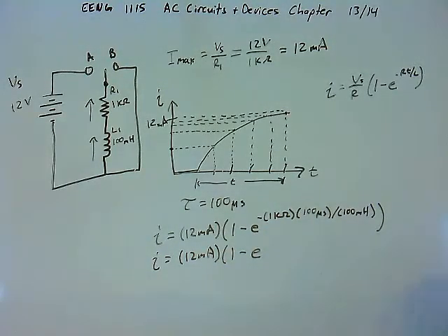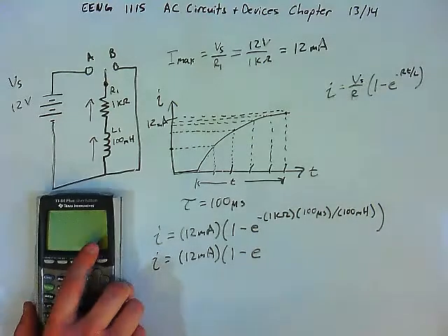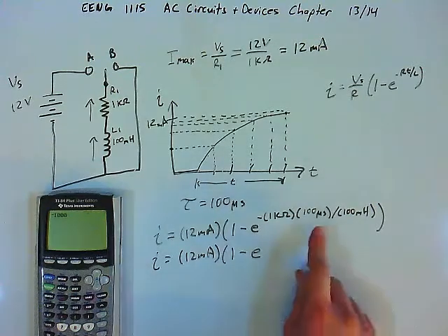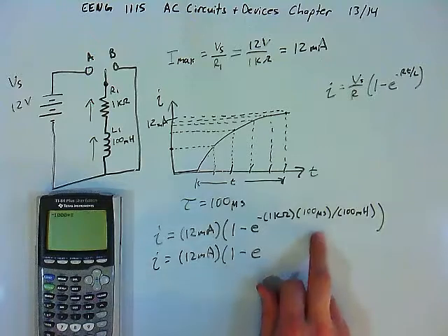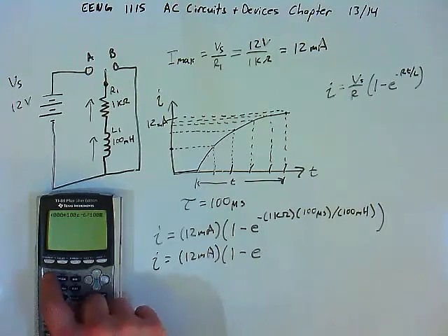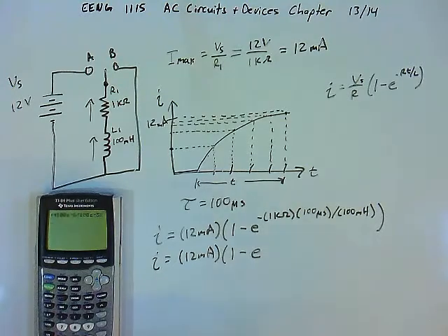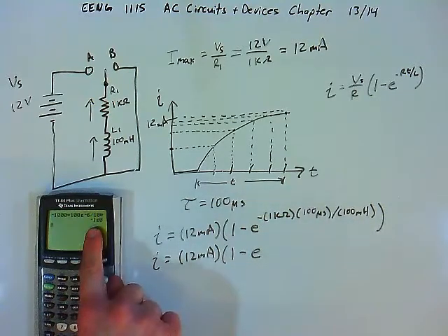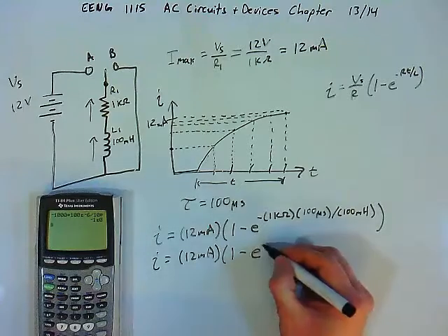And so if we look at a calculator, it's negative 1 kilo ohm, which is 1,000, times 100 microseconds, 100 EE to the negative 6, divided by 100 millihenries, so 100 EE to the negative third. And so the exponent here evaluates to be negative 1.